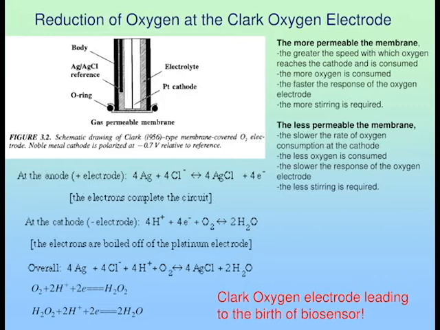So the electrolyte is KCl. Can you just write it down? The book didn't mention Cl, but we need the KCl here. It can be KCl or NaCl, but usually we tend to use KCl. So the reduction happens at the platinum electrode. What is the platinum electrode?